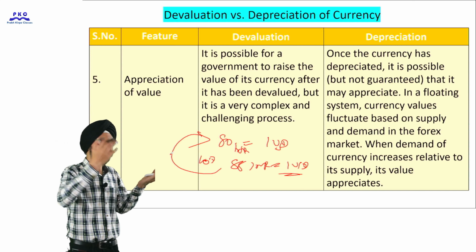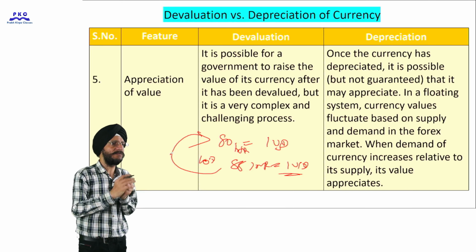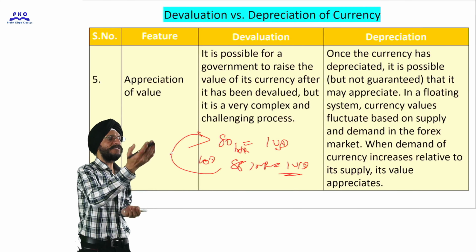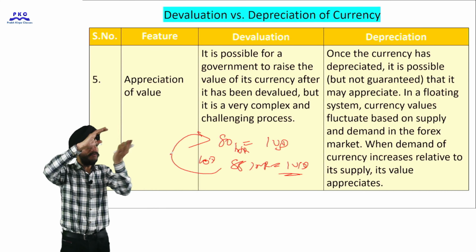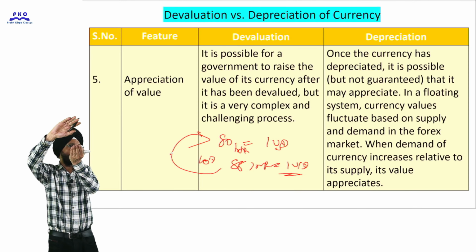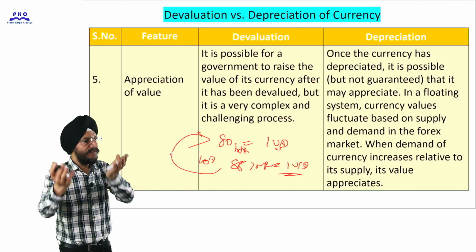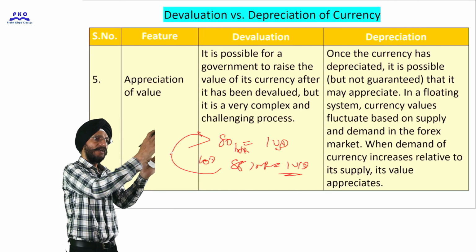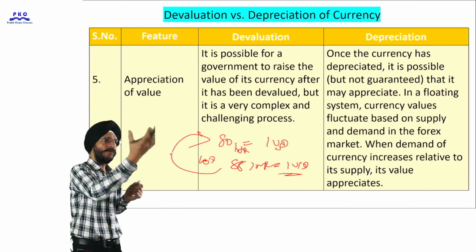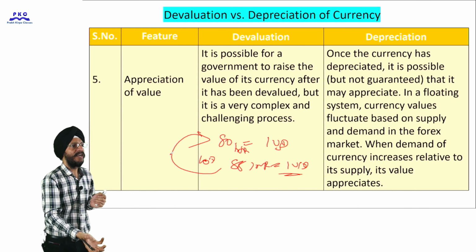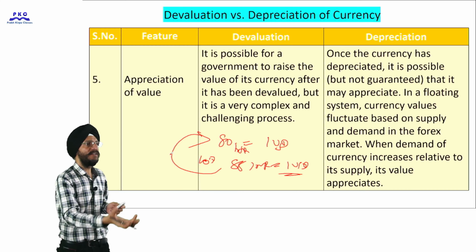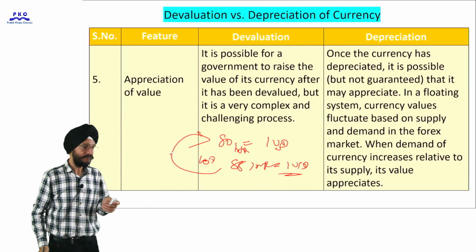There will be no demand for the domestic currency in the foreign exchange market. However, if the outlook of the country improves, economic performance improves, the investors think that it will be worthwhile to make investment in the country, the demand for the domestic currency will increase and the value of the domestic currency will increase.